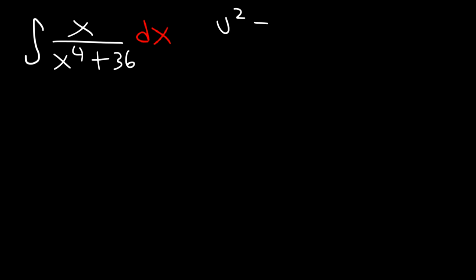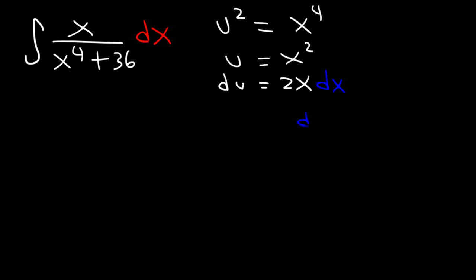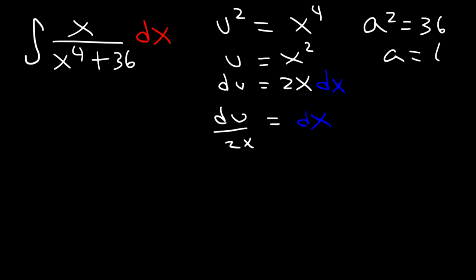So let's set u squared equal to x to the 4th, which means u is x squared, and du is 2x dx. So solving for dx, that's going to be du over 2x. Now we can see that a squared is equal to 36. And the square root of 36 is 6, so that's a. Now, because we have the 2x on the bottom, we don't need to replace the x on top. So for now, let's keep it.